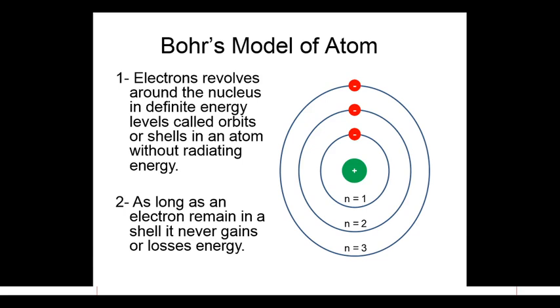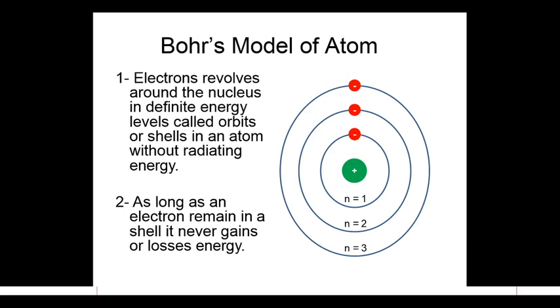The electrons revolve around the nucleus in definite energy levels called orbits or shells in an atom without radiating energy. According to Bohr's atom model, the electrons are revolving in definite orbits with definite energy, so they are not radiating any electromagnetic energy.